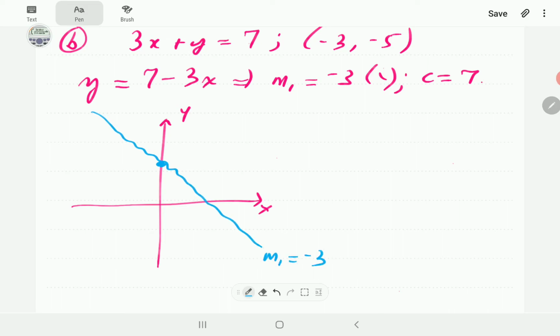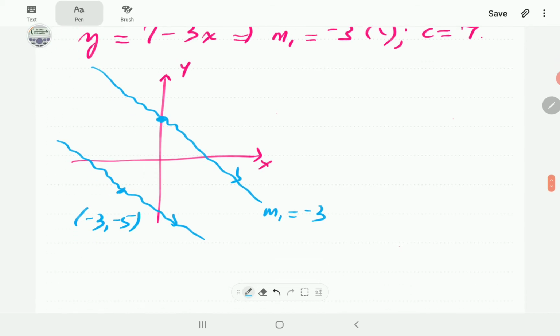M is -3. Then the point of interest is (-3, -5). It's in the third quadrant, so we're going to be interested in a line parallel to M1. That means this one is going to have the same gradient as this one.